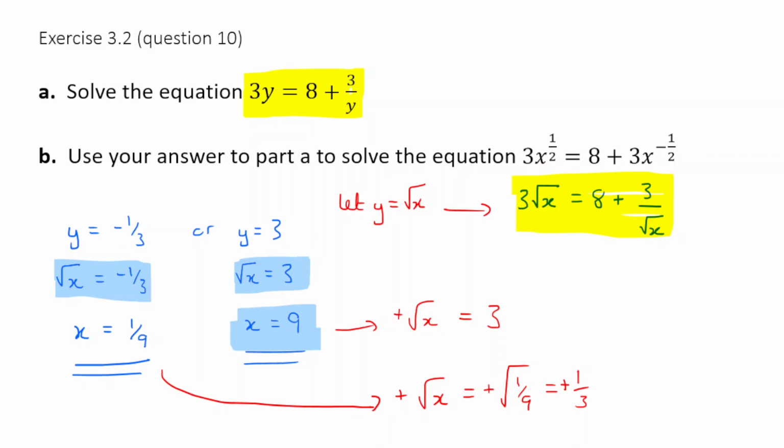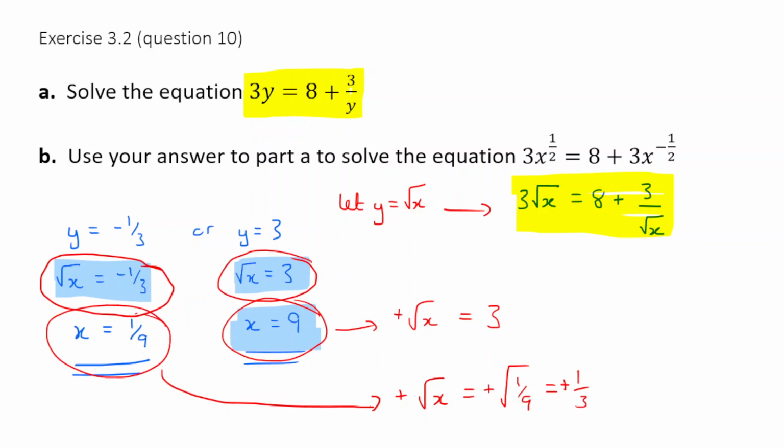So I know it's a little bit strange. I do understand that, because what we're sort of saying is that the square root of x is negative a third is a solution, and the square root of x is 3 is a solution, but only x equals 9 is a solution, and x is equal to 1 upon 9 is not a solution.